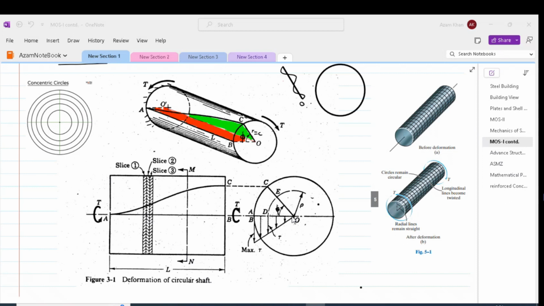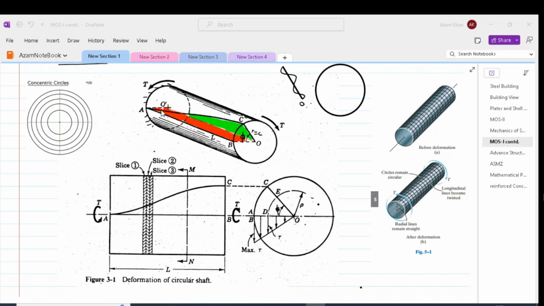In order to make this further clear, we will isolate a small element which is located at a distance rho from the axis of the shaft O prime. Please notice that the angle of twist changes as we move from O prime at the fixed end to point O at the free end.